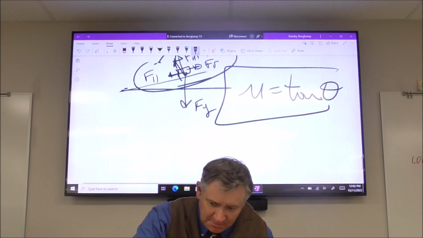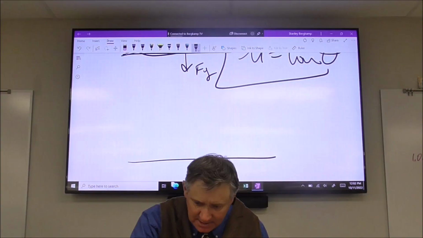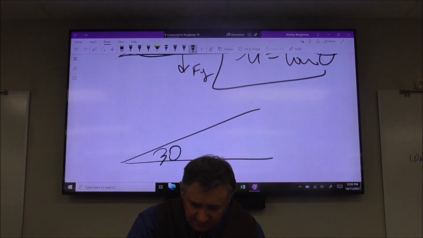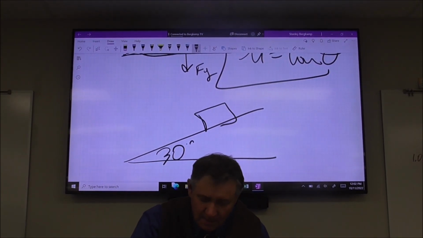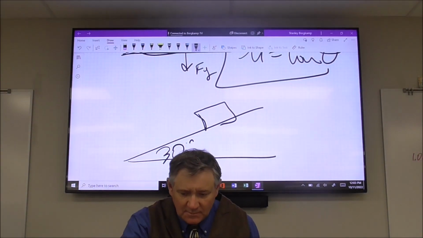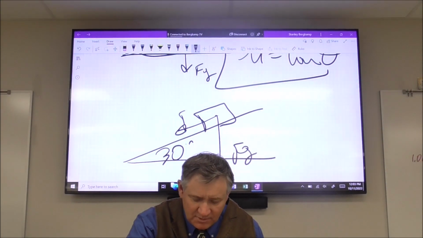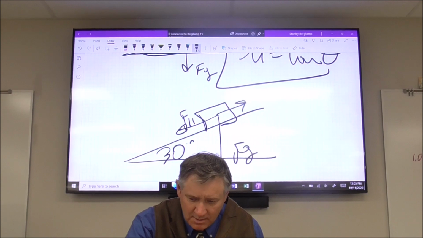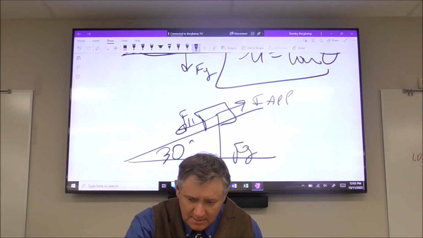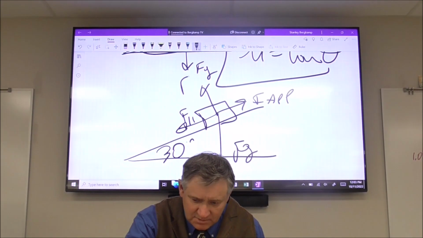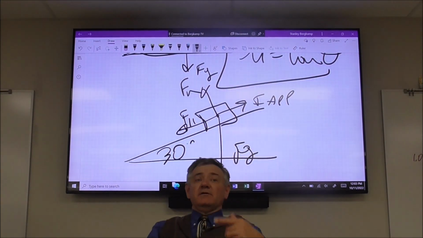Now, the slightly more complicated one is where you set it at 30 degrees. Again, you have your gravity acting down, you have your force parallel, you have your force applied, you have your force normal. Now, what else is there?